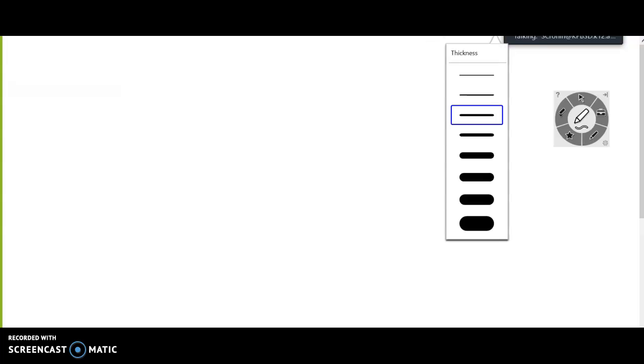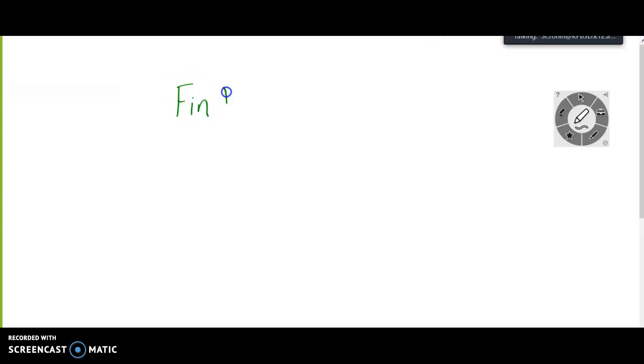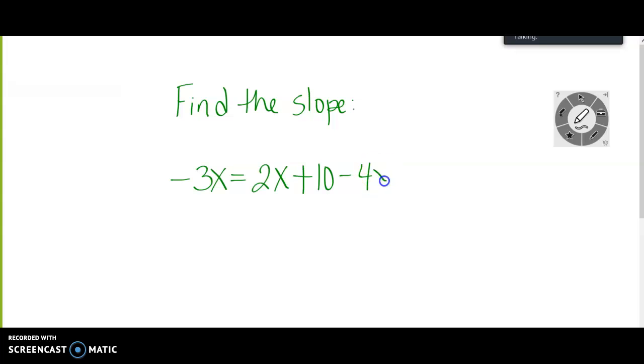Then let's look at how to find the slope if it's not in slope-intercept form. Let's say you have -3x equals, well, let's make it complicated. Now what would you do? Subtract 2x to get the x's together. That's a good goal. So this would be -5x, and this is gone.